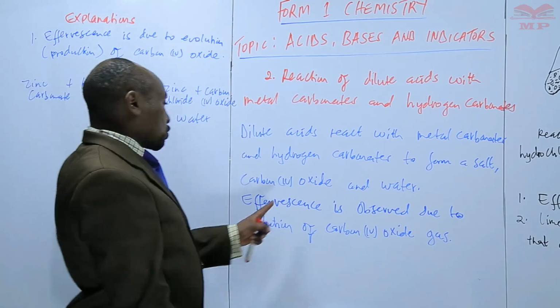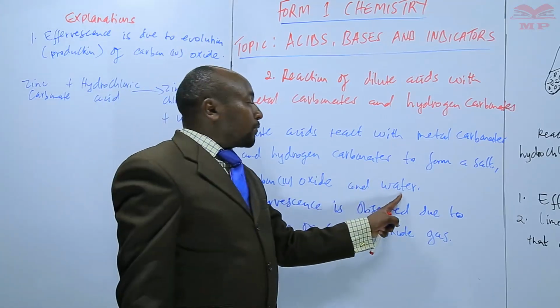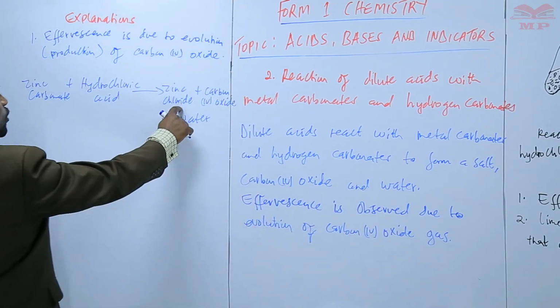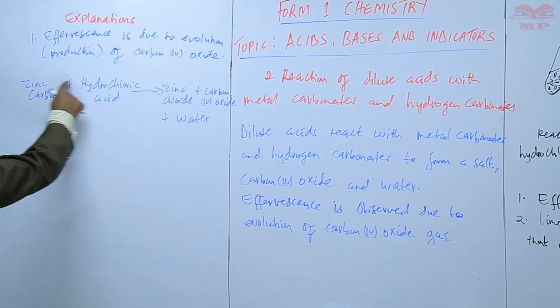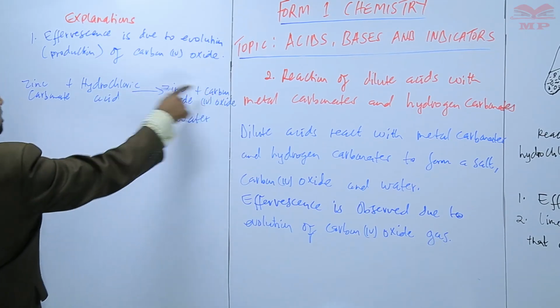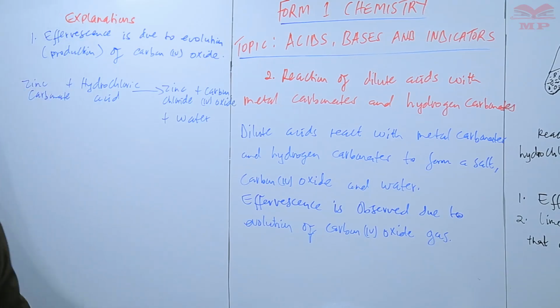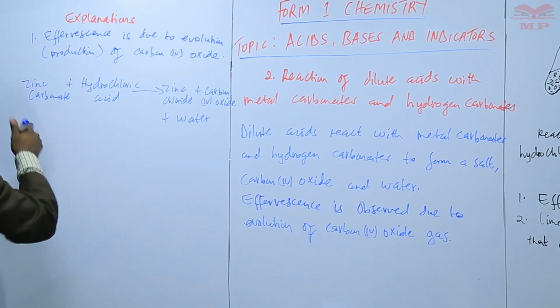We form a salt, carbon 4 oxide, and water. The salt is zinc chloride because it's zinc, then hydrochloric acid, zinc chloride. Carbon 4 oxide from the carbonate, and then water. So that is why there is effervescence.